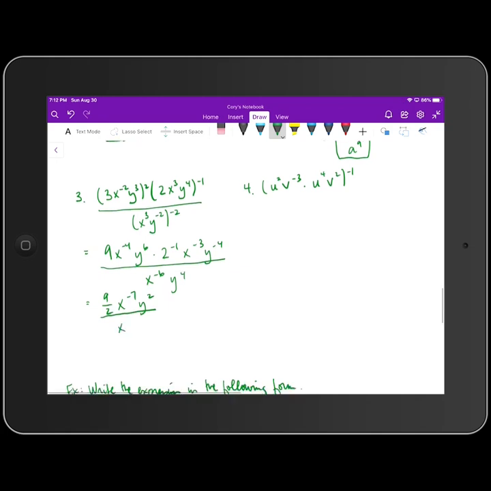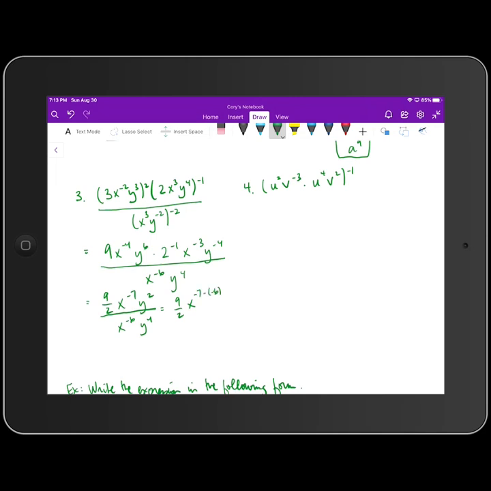And then on bottom, we have x to the negative 6th power times y to the 4th power. Okay, so we have 9/2, x to the negative 7 divided by x to the negative 6. When I divide two exponents that share the same base, we subtract the powers.